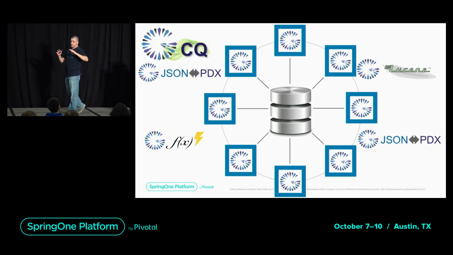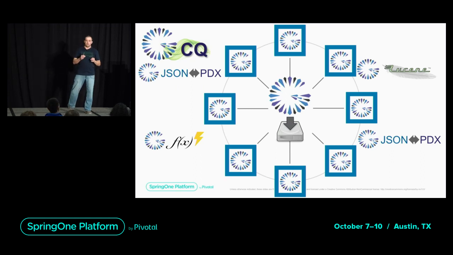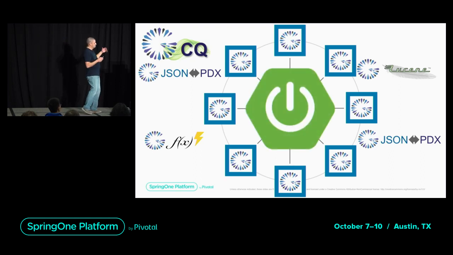Now, I'm not saying that Geode is a replacement for everything here. You can, in fact, use it as a system of record, but this isn't an or problem, it's an and. So you can start combining some of your existing technology with something like Apache Geode and use it in parallel, in conjunction with each other, and maybe over time shift some of those responsibilities over to Apache Geode.